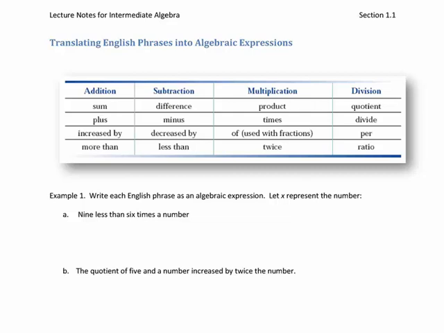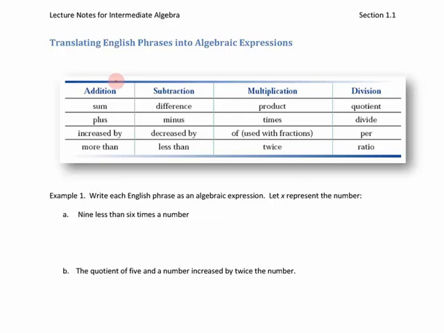Now let's talk about how we can take standard English phrases and convert them into algebraic expressions. Now, whenever we explain a problem that involves mathematics, we will use certain English words to describe certain mathematical operations.